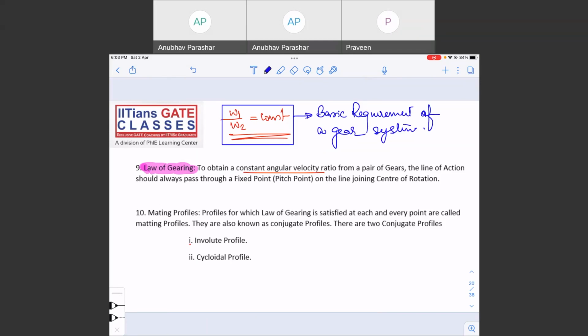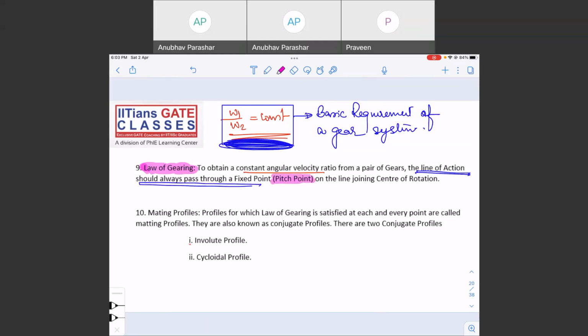To achieve this, we can prove through the law of gearing that the line of action, that is the common normal, should always pass through a fixed point, and that fixed point is nothing else but the pitch point.